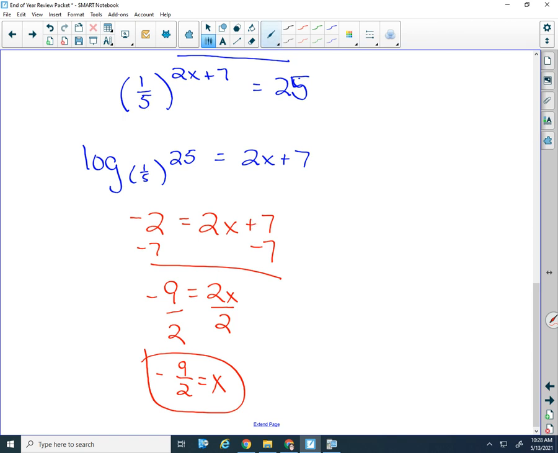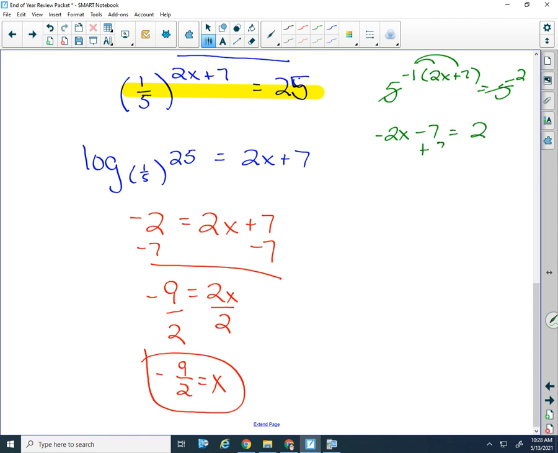Let's pretend, shall we, that we want to do this with common bases. So I'm going to do this next to it. I would make 1/5 5 to the -1, 2x plus 7, and 25 is 5 squared. So those cancel. So I have -2x minus 7 equals 2.